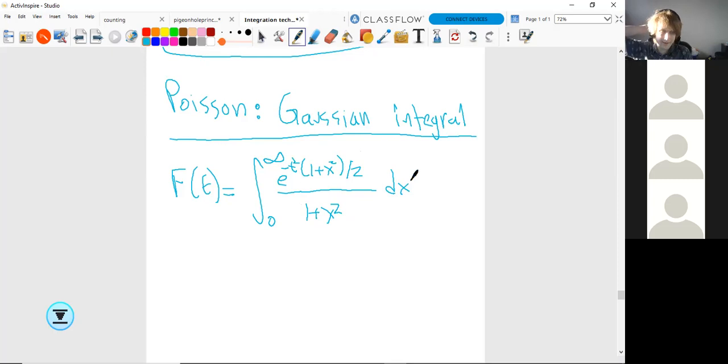All right, so before we do any differentiating under the integral sign, I just want to stress that this thing is just designed to have a nice derivative when we do that.